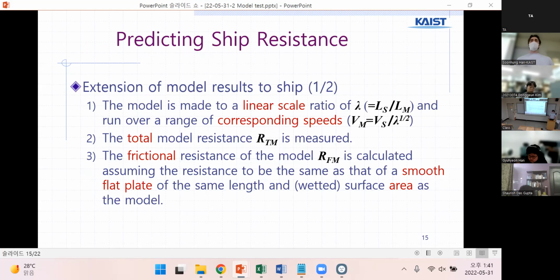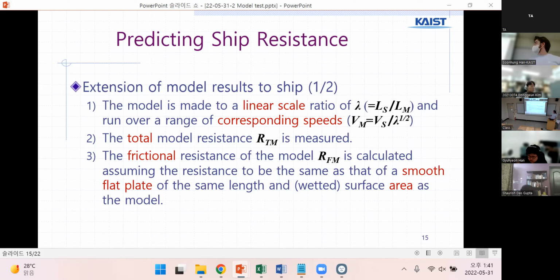To predict the ship resistance, we have several steps we can follow. Now we will see the 8 steps to get the results. First, the model is made to a linear scale ratio, which is lambda, and will run over a range of corresponding speeds. For lambda, we have the ratio between the real size of the ship divided by the model size.